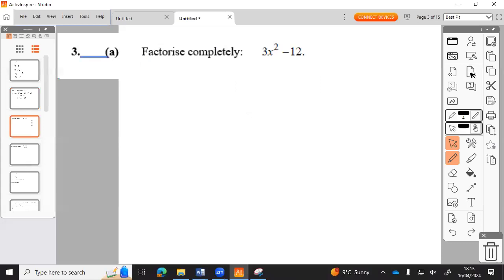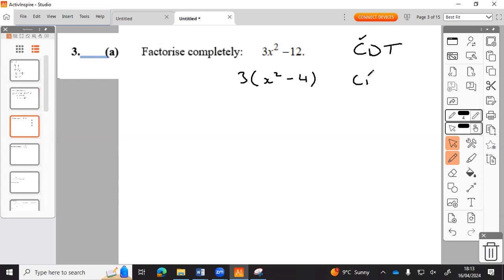Factorise completely. Okay, so a nice factorisation question. We're looking at CDT. Always just write that out when you see the word factorise, because it gives you the common factor. Some people might jump in and just go, oh, that must be this type. But we're looking at common factors. We can take 3 out of that. You get x squared minus 4.